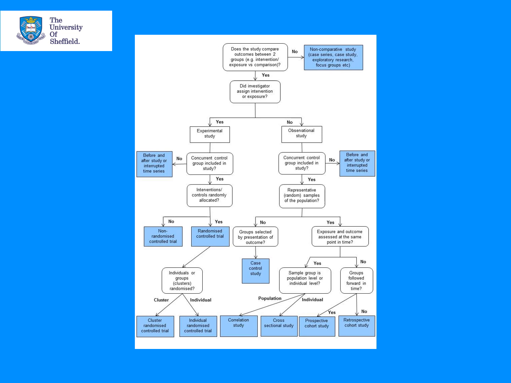This is an algorithm from the Center for Evidence-Based Medicine website which shows a number of the provisions put in terms of study design to help definitively address a particular research question. And each of these stages carries some form of protection against the possible influence of bias.